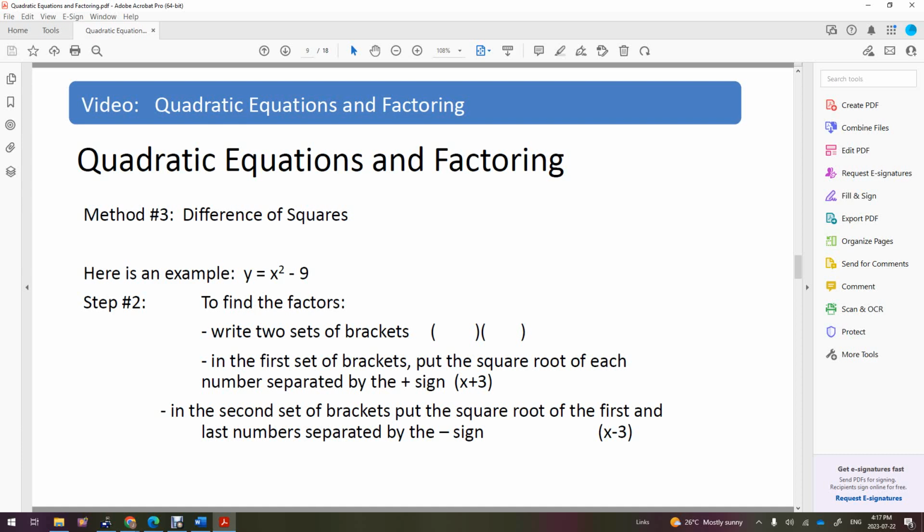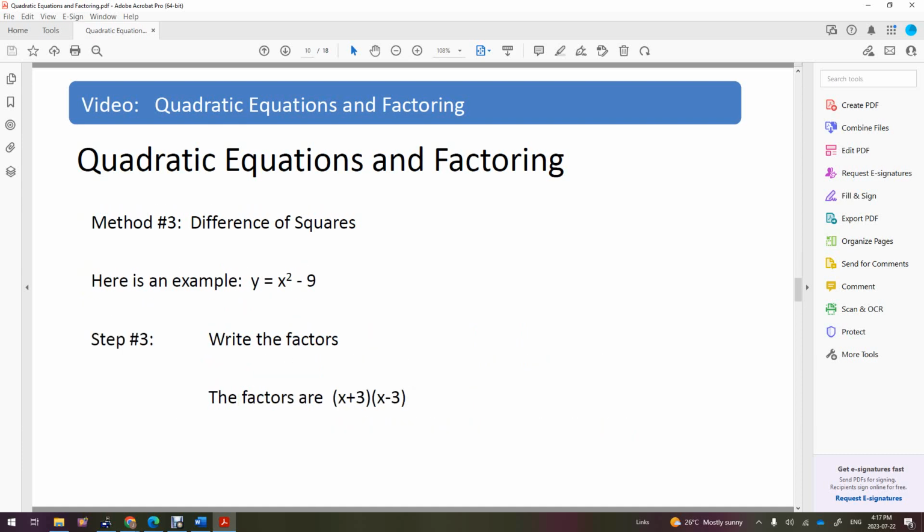And that will give us the factors x plus 3 and x minus 3. So be on the lookout for x squared minus 9, difference of squares.